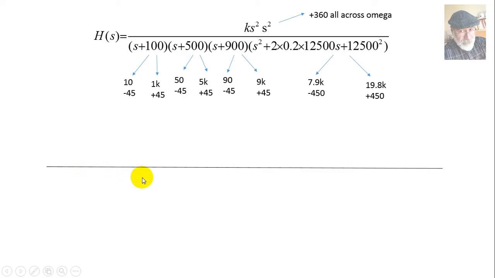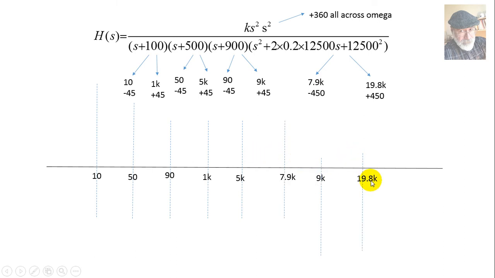Same thing, the graphic, and approximately equidistant, because this is not an up-to-scale graphic. We mark all the corner frequencies from left to right: 10, 50, 90, 1 kilo, 5 kilos, 7.9 kilos, 9 kilos, and 19.8 kilos. And we have here the contributions of slope for each one of them.